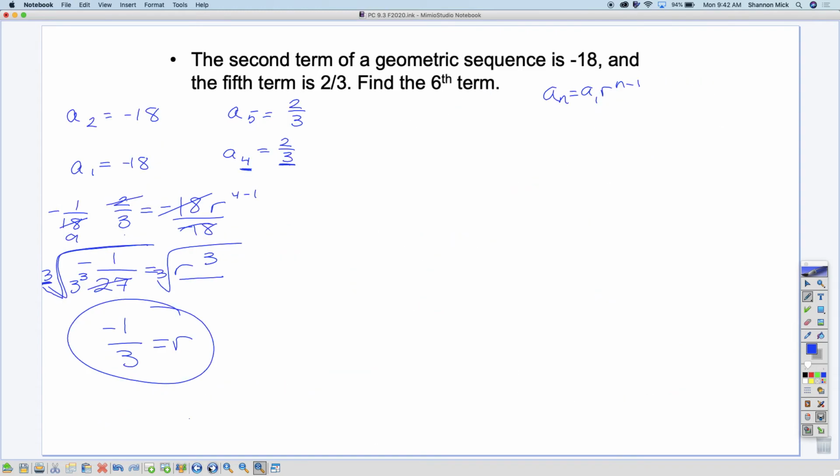So this one is r cubed, so we take the cube root on both sides. The cube root of negative 1 is negative 1, because negative 1 times negative 1 times negative 1 gives you negative 1. 27 is 3 cubed, so the cube root of 3 cubed is 3.